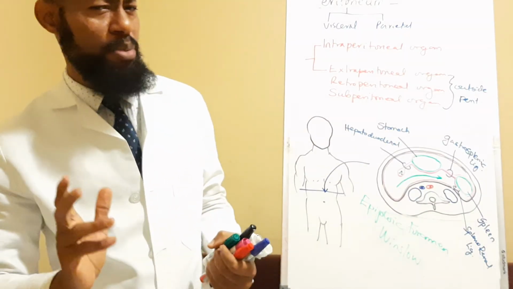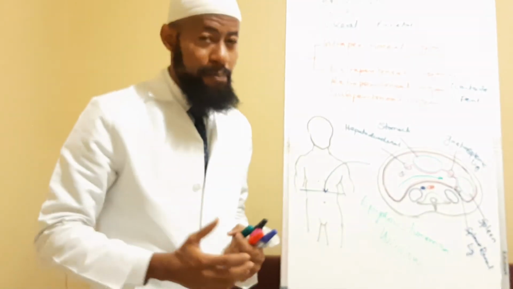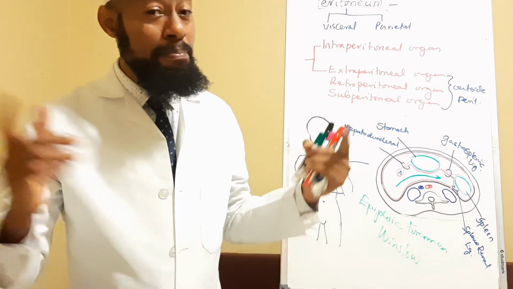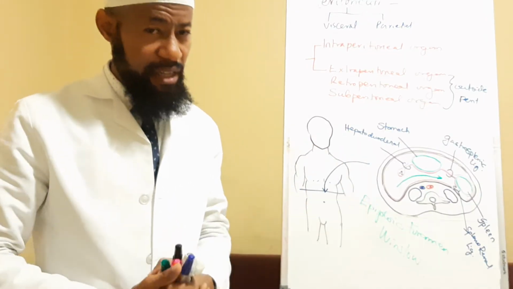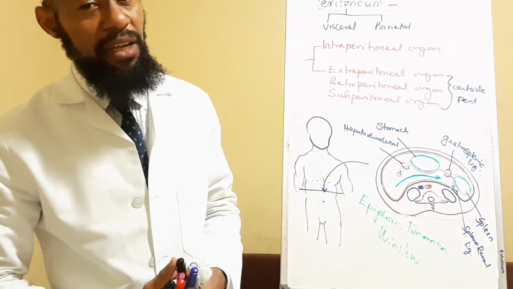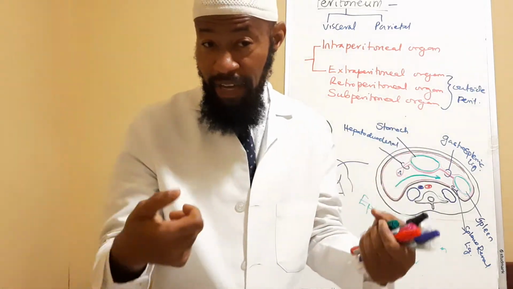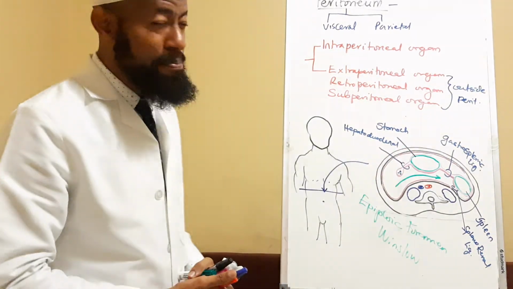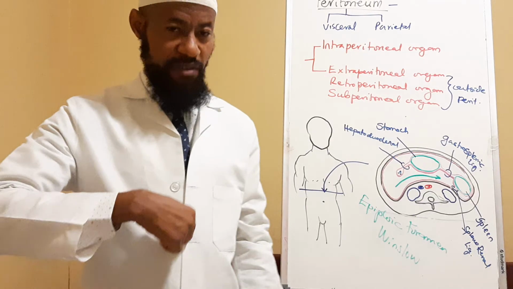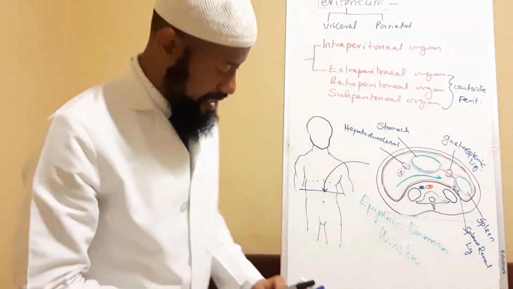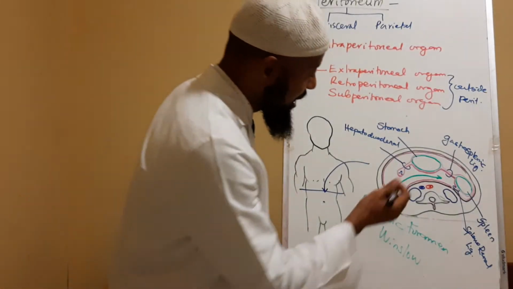We talked about it in the previous video. The median umbilical ligament, the medial umbilical ligament, and the lateral umbilical ligament, and structures that they invest or cover. The median is the one that runs on the midline. There's something else I did not put right here, which is the linea alba.